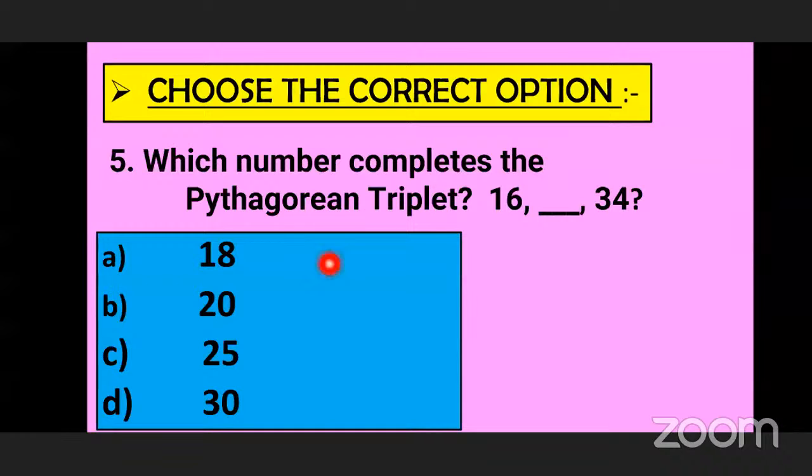See, which number will complete this Pythagorean triplet? 16, dash, 34. Here all the numbers are small, children. That means 34 is the hypotenuse. So 34 square equals 16 square plus this. Which will be this number? 18, 20, 25 or 30?